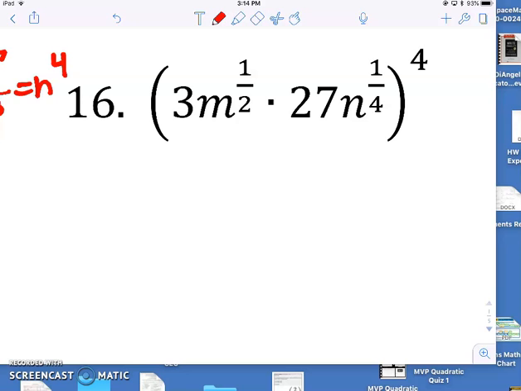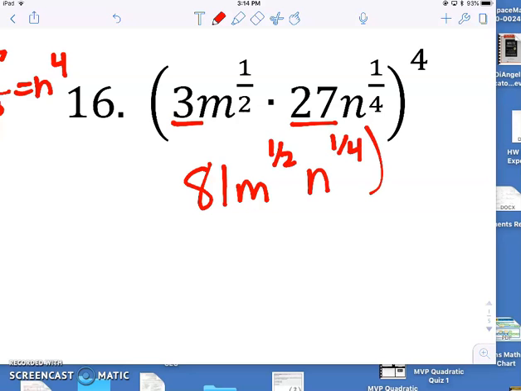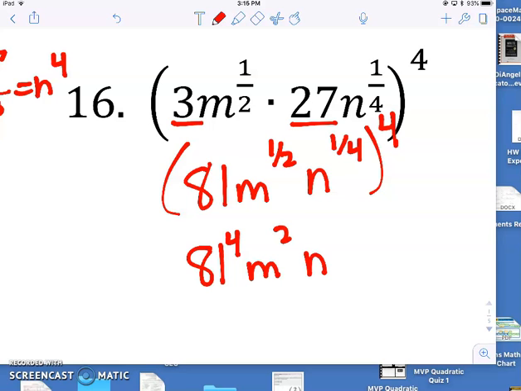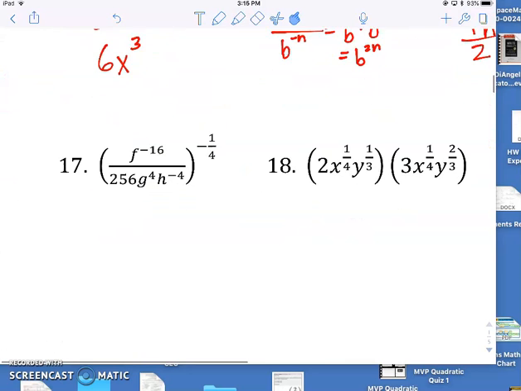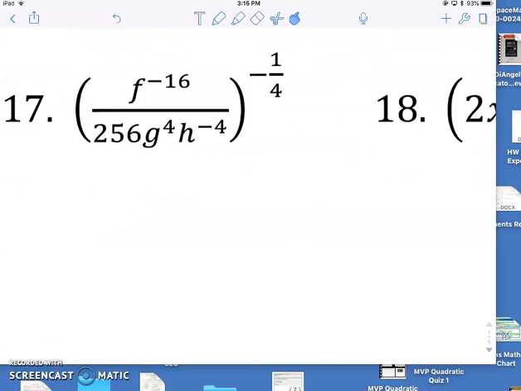16. Let's see, if we multiply inside, 3 times 27, so 81 m to the 1/2 n to the 1/4 to the 4th power. And if we distribute, we'd have 81 to the 4th. M, half of 4 is 2. 1/4 times 4 is 1. 17.